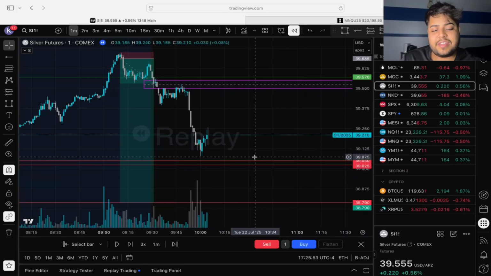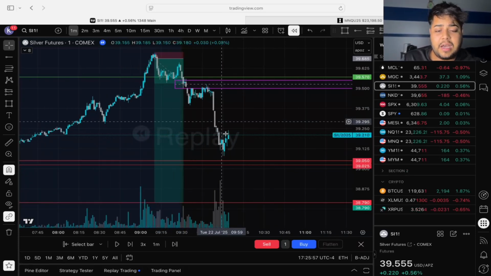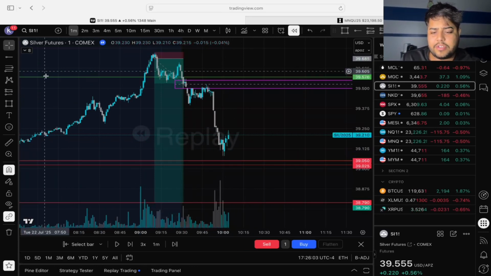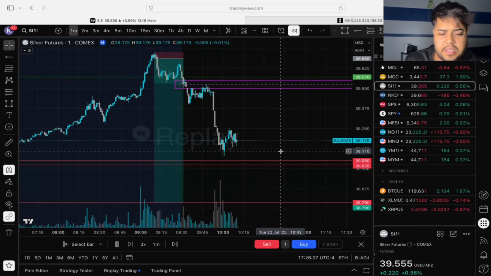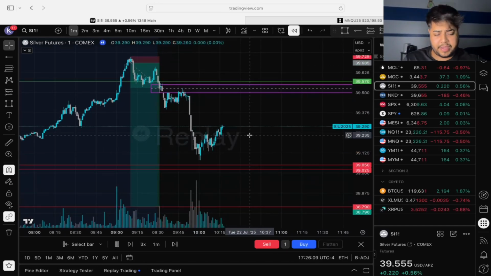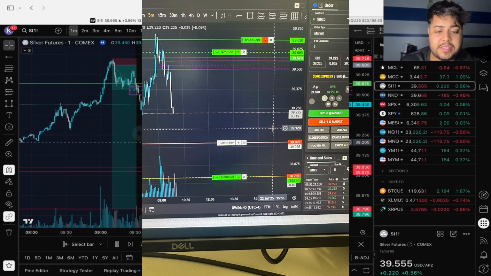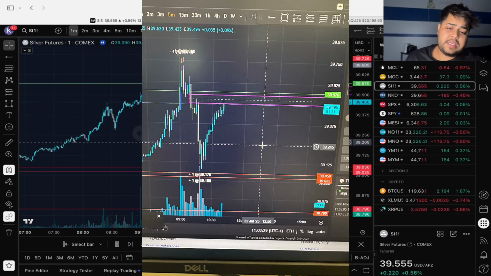So I kind of got FOMO. I wanted to go on NQ, which is what I mostly trade. So I just took it out somewhere down here, which I'm glad I did, because it actually reversed back. Let's see, it actually reverses back, but I'll put the screenshots of my trade up here so you guys can see it. But yeah, this is basically it.